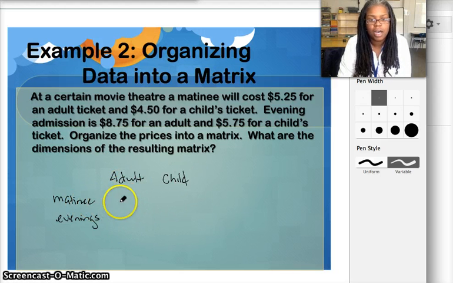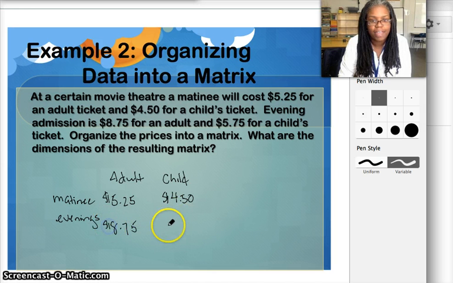What is the adult matinee price? From the information given, that's $5.25. The child matinee price is $4.50 per ticket. The evening price for an adult is $8.75, and the child price is $5.75 if you're purchasing that ticket in the evening.